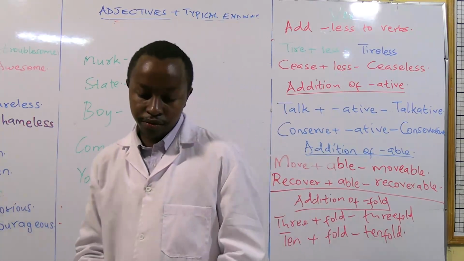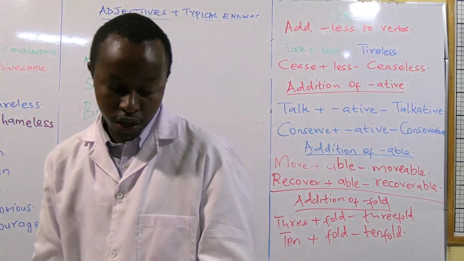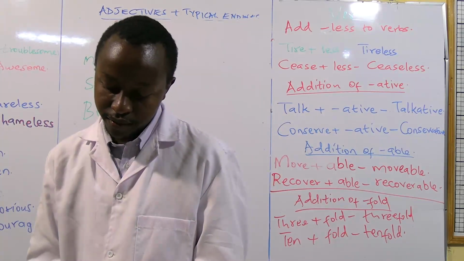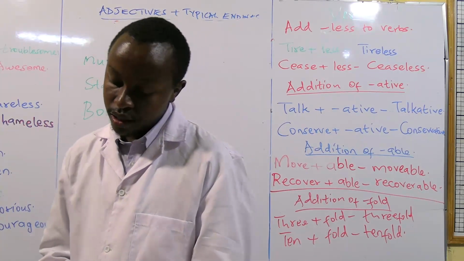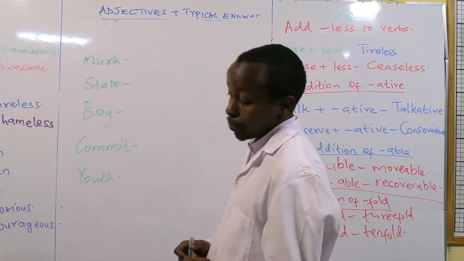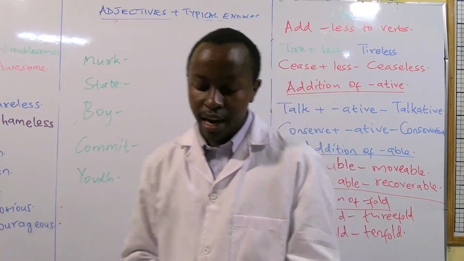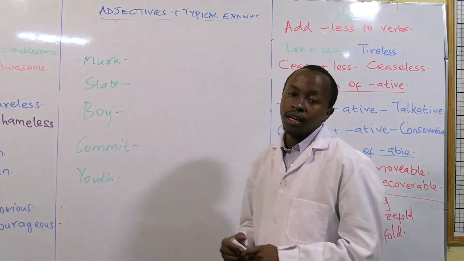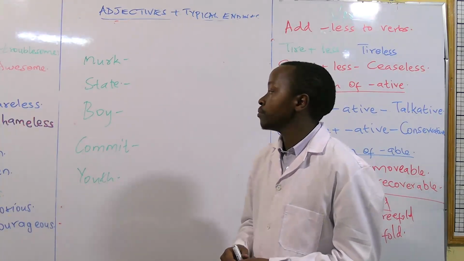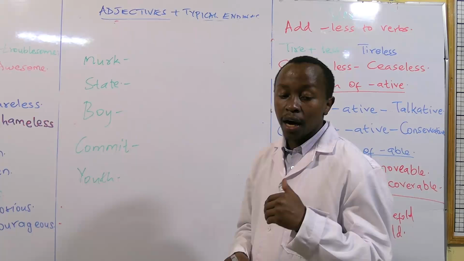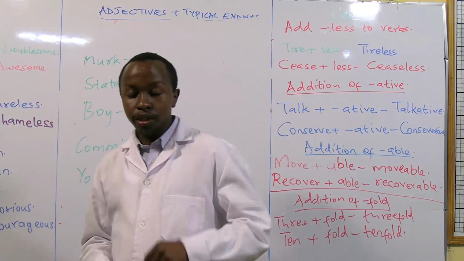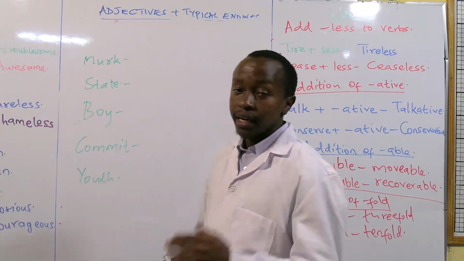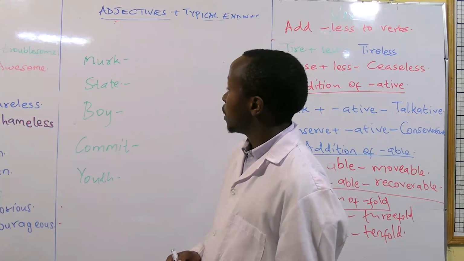Look at these words very, very keenly. You will realize that they have typical endings. And for your own good, I would like you to really go down and do them. You pause the program, do them, and then get back to the program for answers.